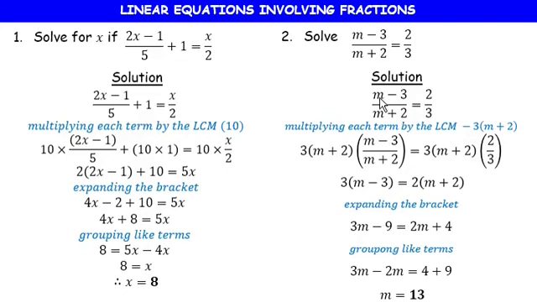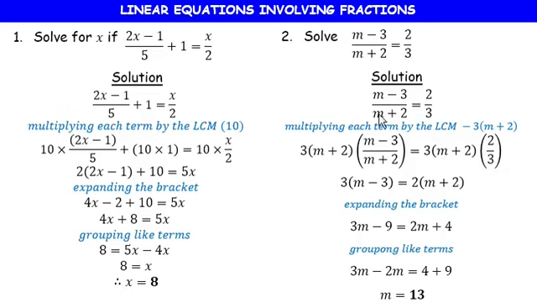So when you pick m minus 3, you multiply by 3, and when you pick 2 at the right side, you multiply by m plus 2 at the left side. So you have 3 into bracket m minus 3, which is the same thing we had here, equal to 2 times m plus 2, which is the same thing we had here.